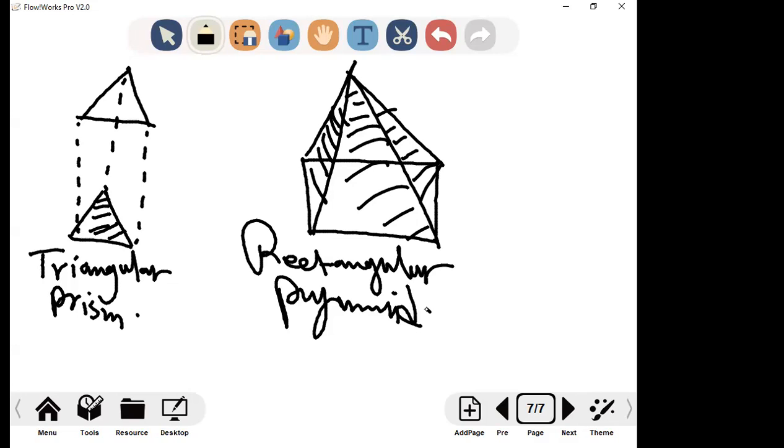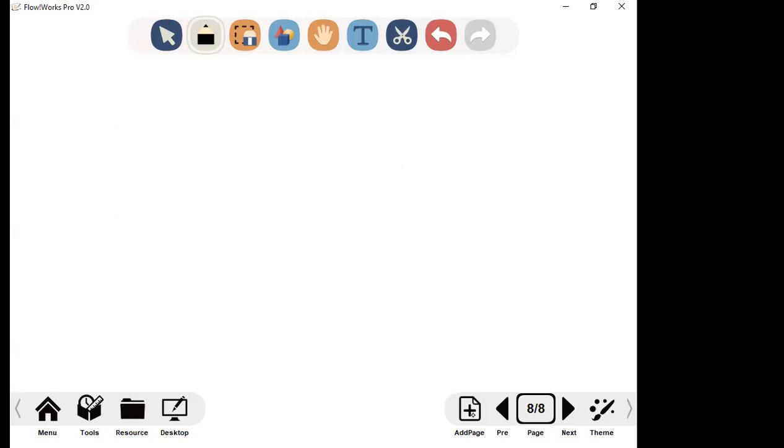But now we have another two. Until now, we have the prisms and pyramids. Now we have another two types of solid figures. Like all of you in your mom's kitchen has a cylinder of gas, right? The gas cylinder for cooking food, right? So the cylinder here is also a solid figure, but it is not a prism and it is not a pyramid.